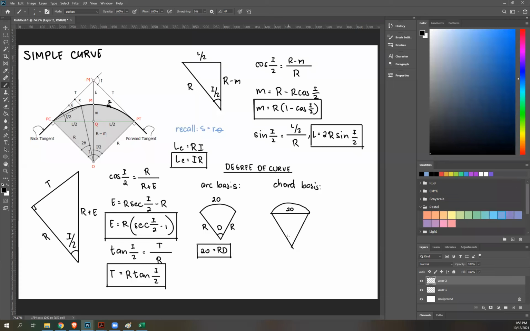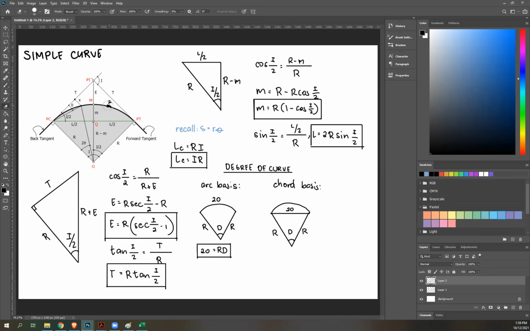And again, the angle subtending that chord is your degree of curve. So in case you're wondering, subtending basically just means the angle opposite the angle covering that curve. So opposite to 20, opposite to 20. Okay? Because I've been using that a lot in this topic. And then, of course, both sides are R.